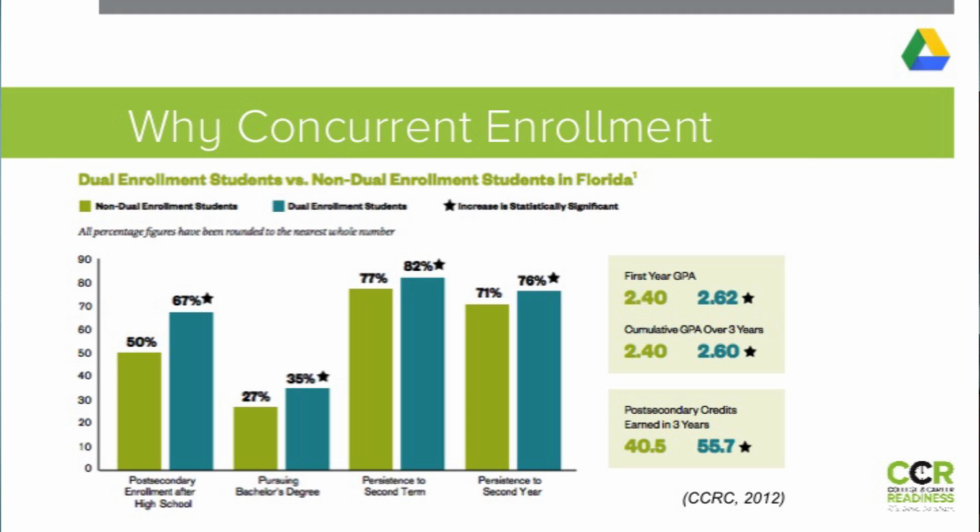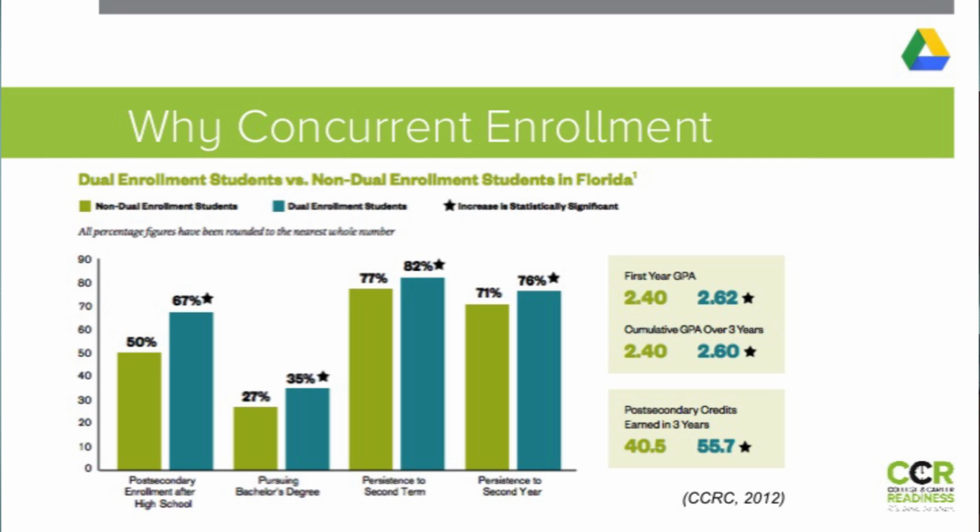If you look at the percentage of students who enroll in post-secondary after high school, 67% of those students that have dual enrollment in their past enroll in post-secondary, and 50% of those that did not have dual enrollment.